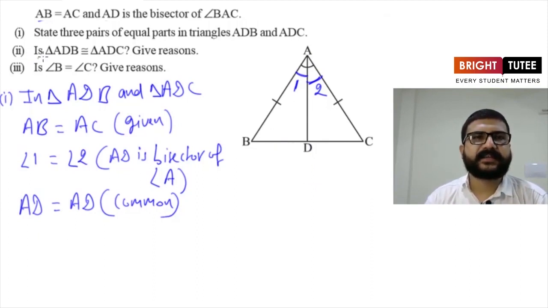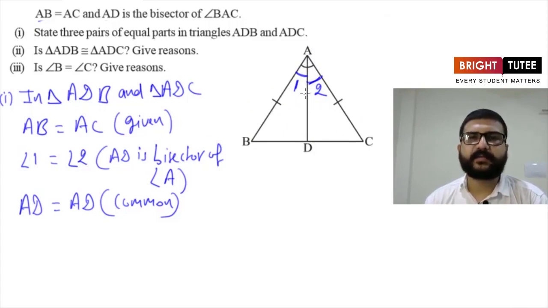Now the second question here is triangle ADB congruent to triangle ADC? Now what do you think about these two triangles? In triangle ADB, we have seen that AB is equal to AC and AD is equal to AD as it is a common side, and angle included between AB and AD of triangle ABD is angle 1, and that is equal to angle included between the sides AC and AD of triangle ADC, and that is angle 2.